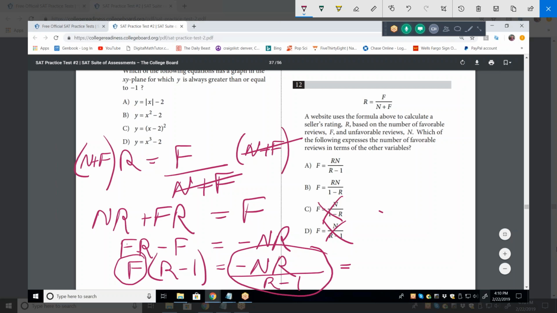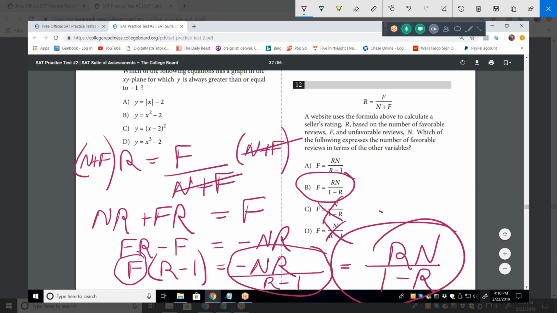Did you say B? Yes. In other words, if I want to change this to have a positive numerator, all I got to do is switch the denominator. Now that is the negative of that. Two negatives make a positive. So you end up with that.